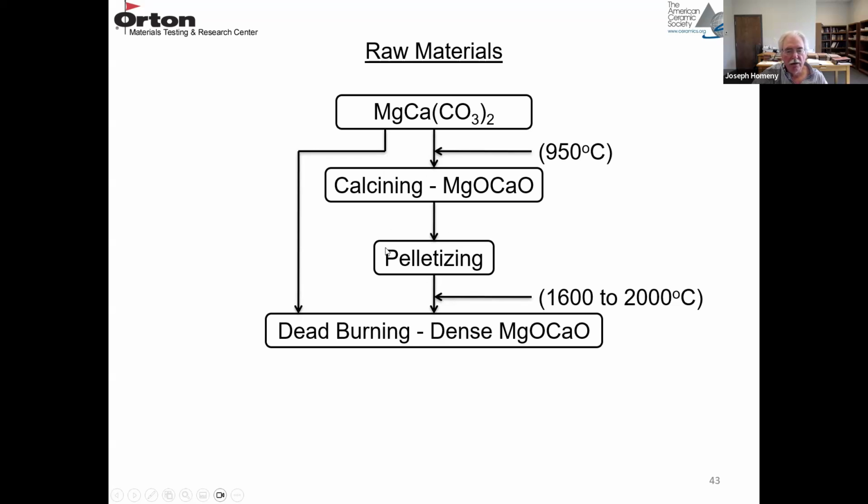By calcining and pelletizing, you're going to have a better chance of densifying it. The dead burning temperatures are 1600 to 2000 degrees C. So dead burning again is an attempt to make it inert and produce a very high density, low porosity, low surface area refractory.